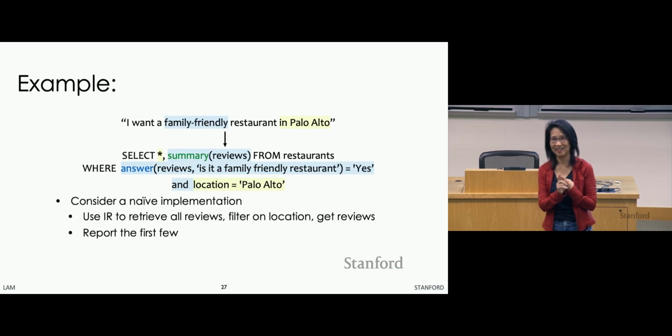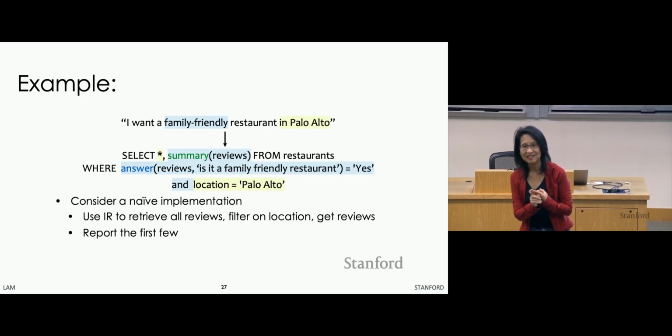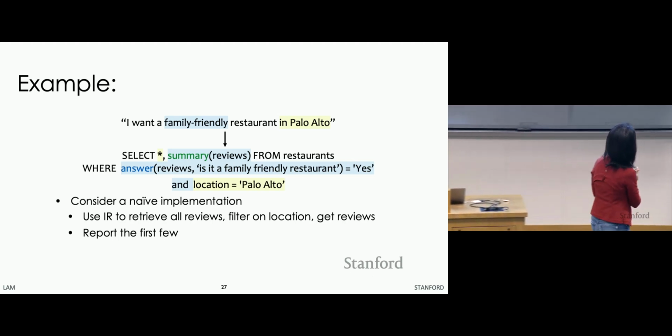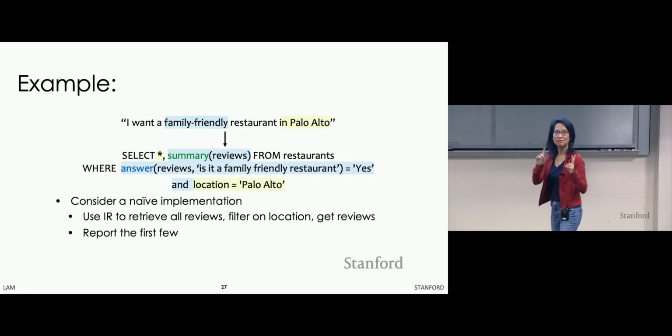I guess it just asks I want a family-friendly restaurant, so you just really need to return one. It'd be a few. But if you use select star or select asterisk, it's going to give you a whole list. That's probably not what we want. Okay, so that's good. That's very good.